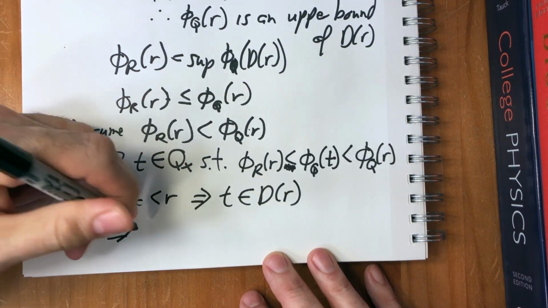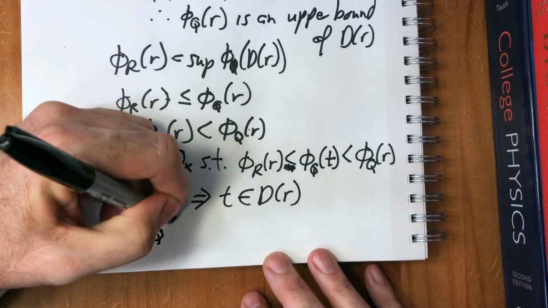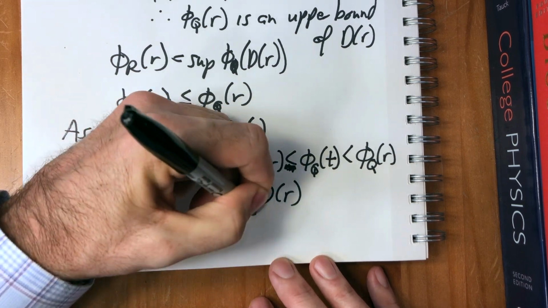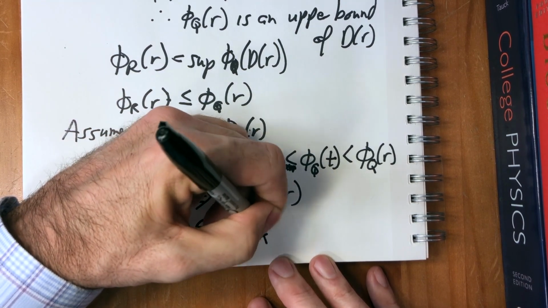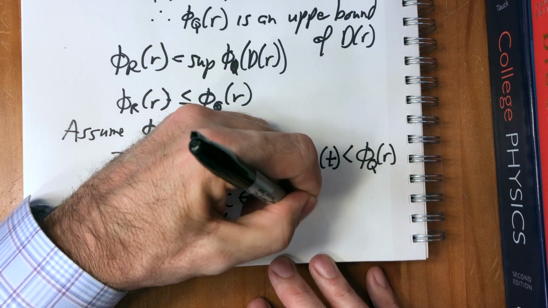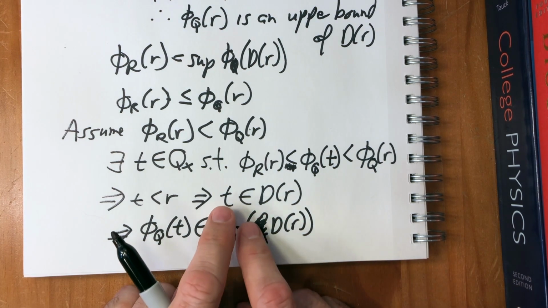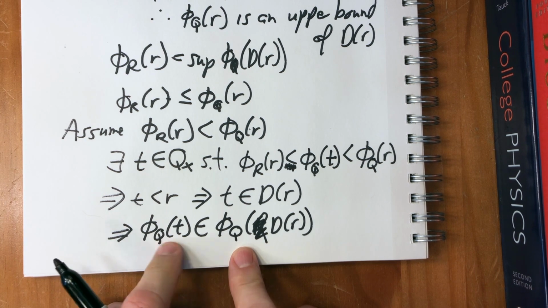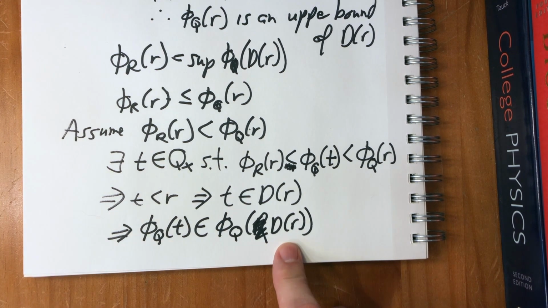That means that phi Q of t is an element of the set in y, because this is the definition of y: every t that is in D r, the phi Q of that is in y. But what's the problem?